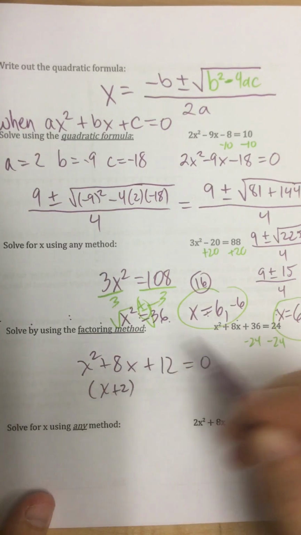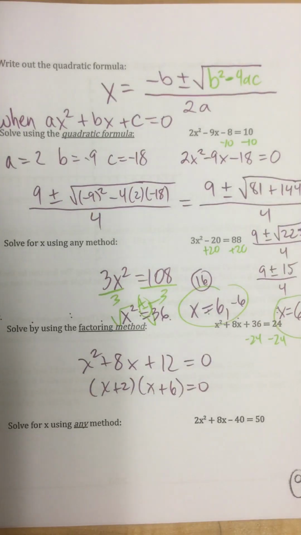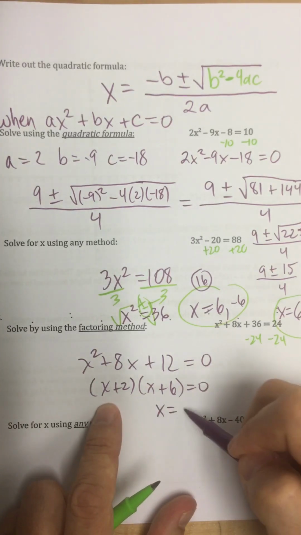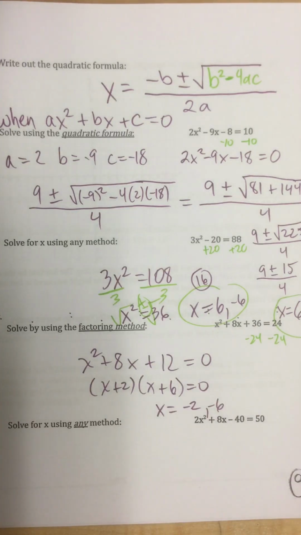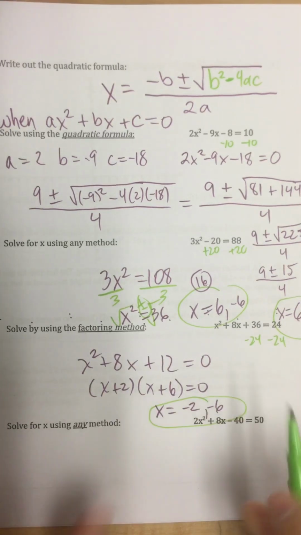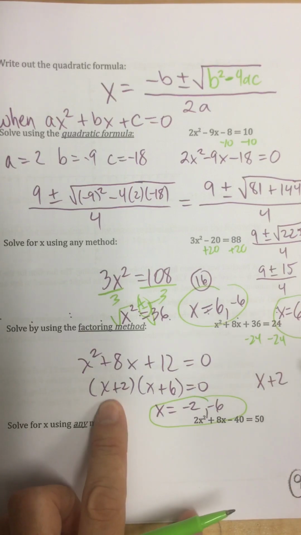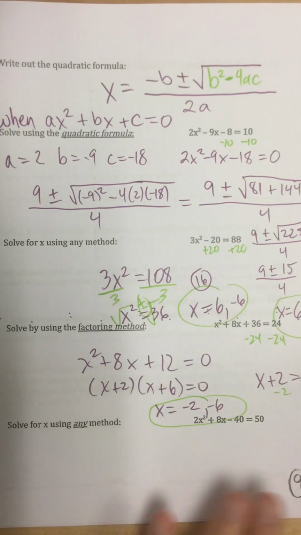We have x plus 2 times x plus 6 equals 0, but then we can set each factor to 0. If you're fine with just thinking of it as take the opposite of these numbers, no problem. But I want you to know the reason why that works is, for example, if you just took one of the factors, x plus 2 equals 0, use inverse operations, you're solving and getting x equals -2.